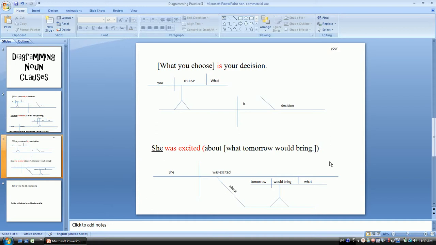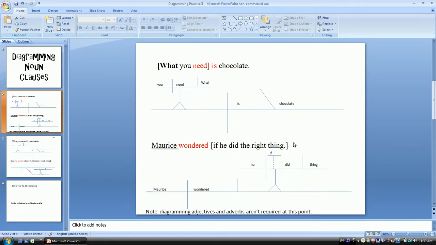So the main thing to remember is to label your sentence first, look for those signal words, bracket your noun clause, and then figure out what part of speech that noun clause is functioning as. Whatever part of speech it's functioning as, that's where your pedestal is going to be. So whether it's an object of the preposition, whether it's a subject, whether it's a direct object, or you can have predicate nominatives too.